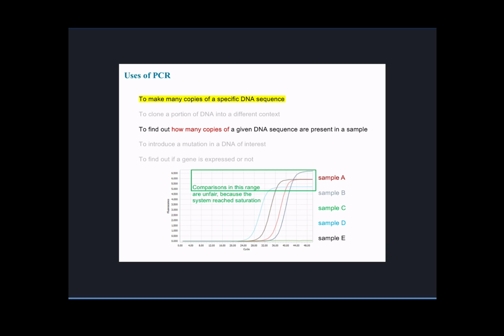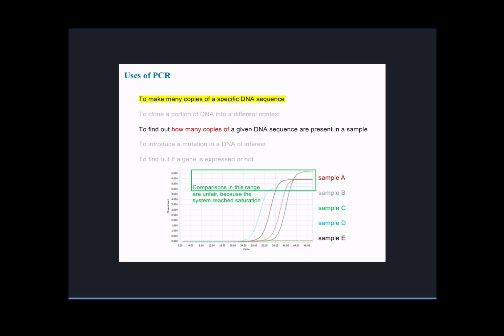So the problem is that when we compare what we normally call in jargon endpoint PCRs, when we wait till the very end, there's a really high chance that all of the samples had reached saturation. And it's not fair to compare a bunch of reactions that may have reached saturation at different points, right?